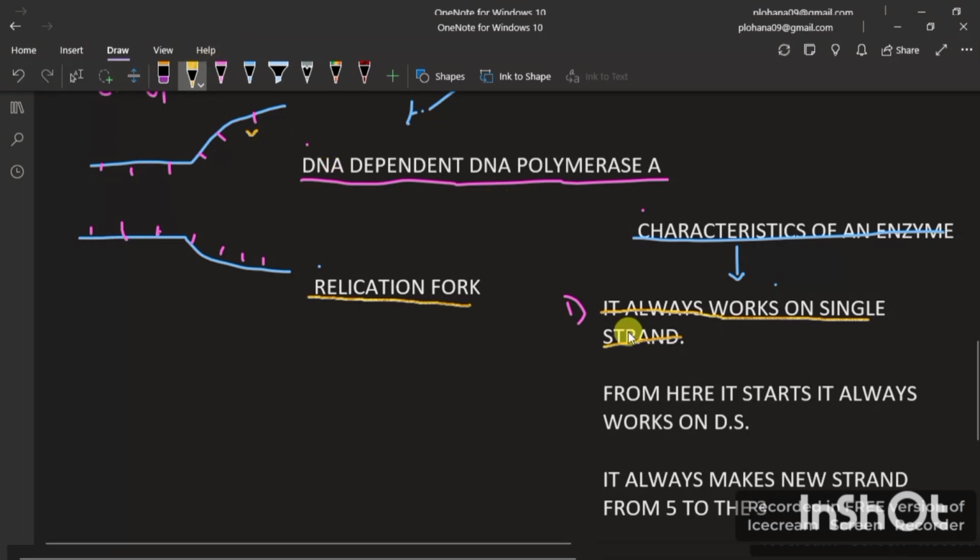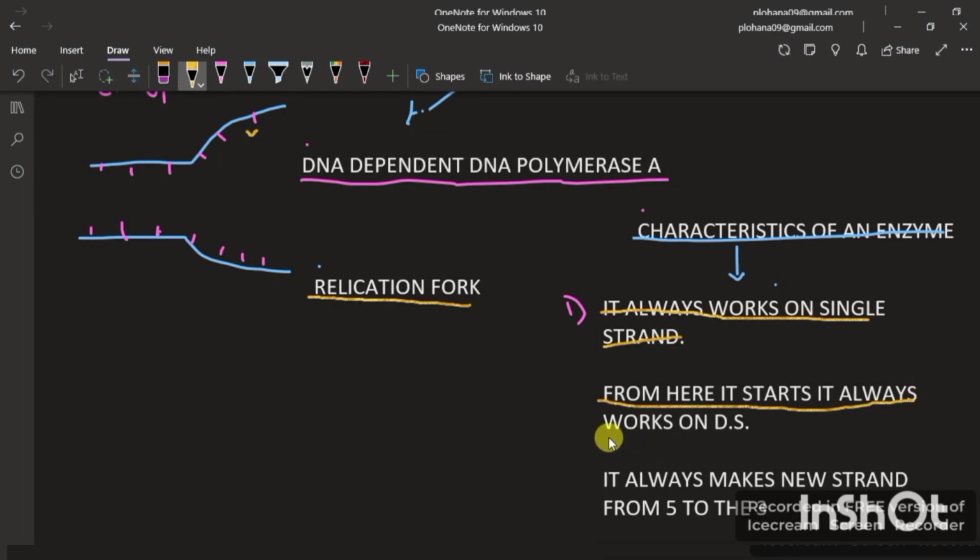The second characteristic is that from where it starts, it always works on the double strand. If it is going to start from here, then it has to start from the double. Like here we have to put something to make it double. Here we'll be doing that. No need to worry.